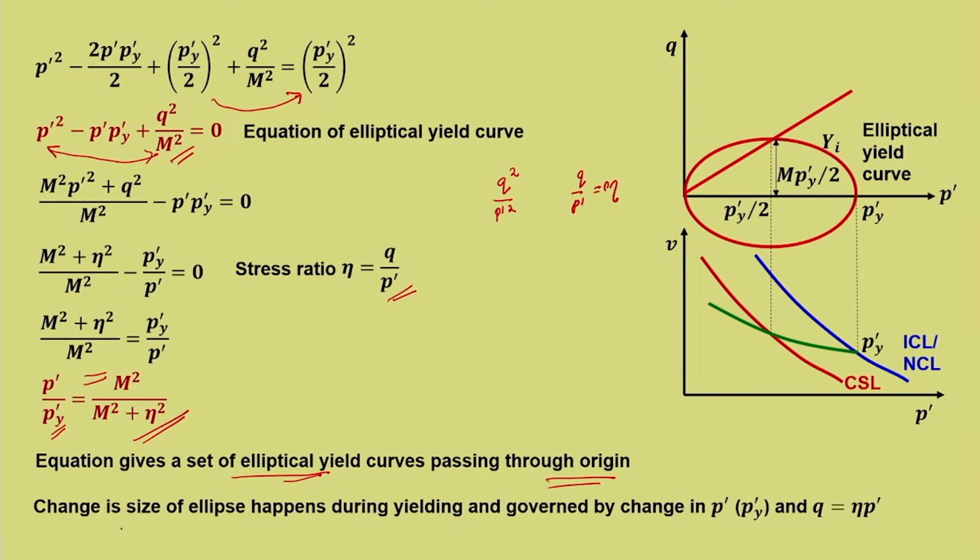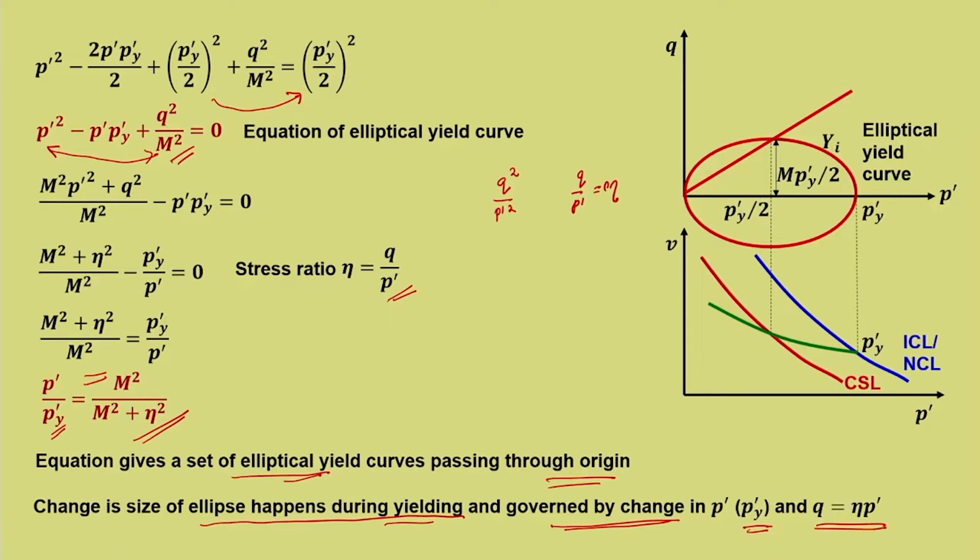A change in size of the ellipse happens during yielding, and that increase in size is completely governed by p dash y, that is when you define p dash in terms of p dash y, and q is equal to eta into p dash.